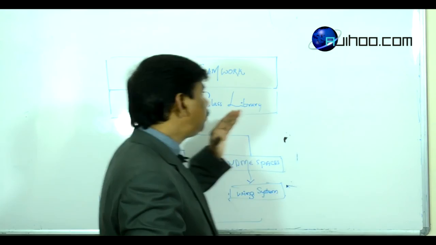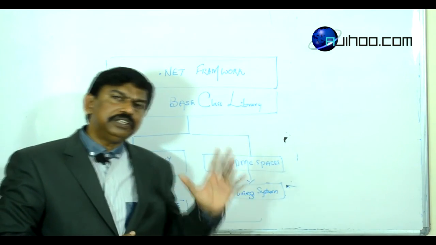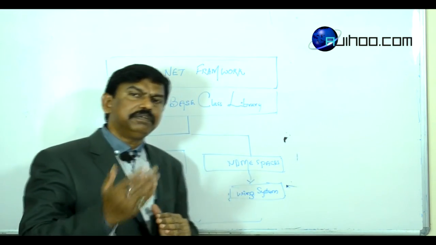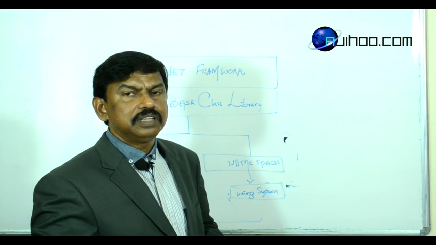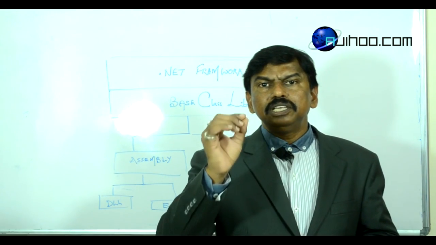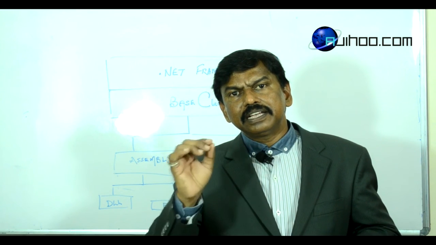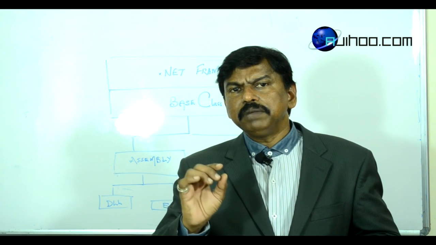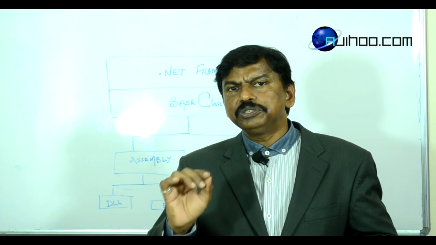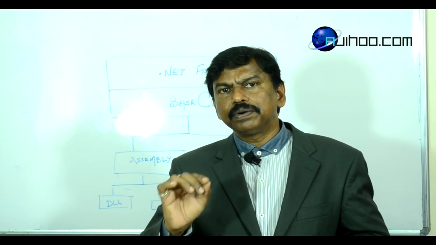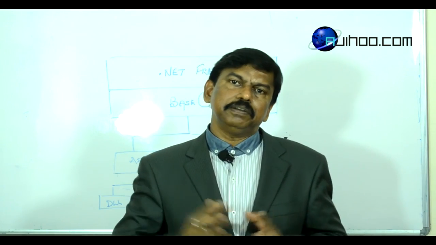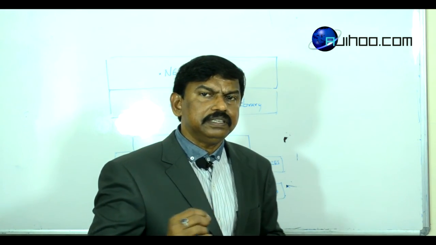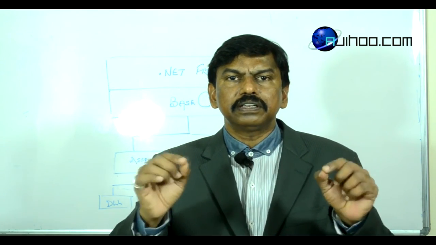The base class libraries are predominantly distinguished into two types. One is assembly, the second one is namespace. Assembly means the user defined classes can be named as assemblies. The assemblies will be written by users while they are programming the application development. The namespaces are very predominant, and are available in the .NET framework.